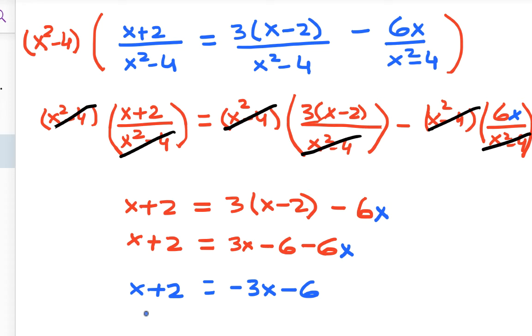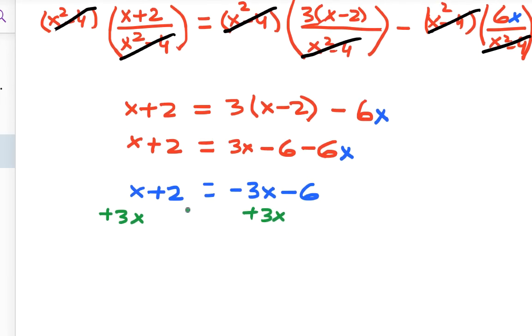So we are now going to add 3 x's here. What do we get? We get 4x + 2 = −6.